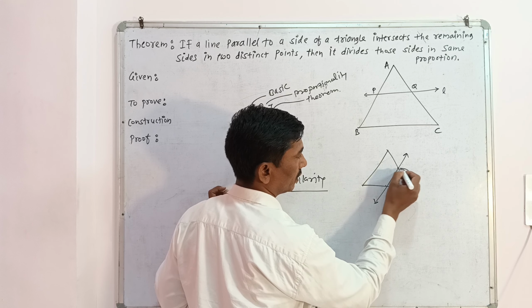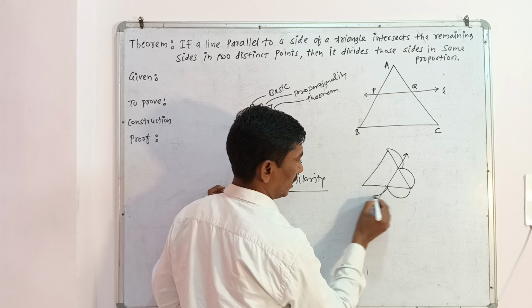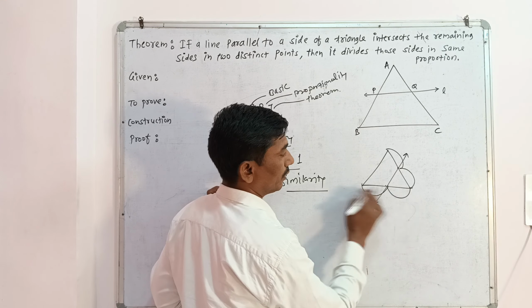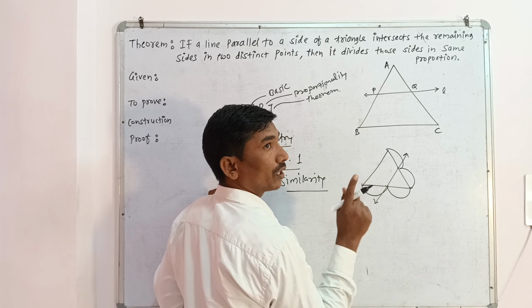So if you take the ratio of this side with its sections, and again take the ratio of this side of the triangle, then these ratios will come out equal. So this is what the statement is saying about the diagram.